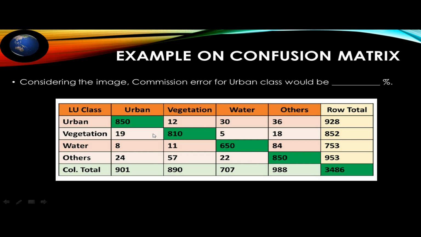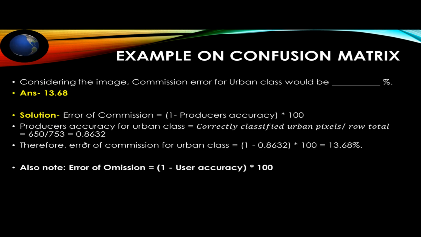In this table for water, 650 is the raster pixels and the total of the row is 753. So 650 divided by 753 gives 0.8632, and 1 minus this, multiplied by 100, means the error of commission for the water class is 13.68.